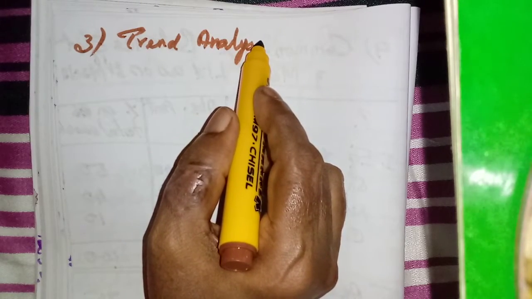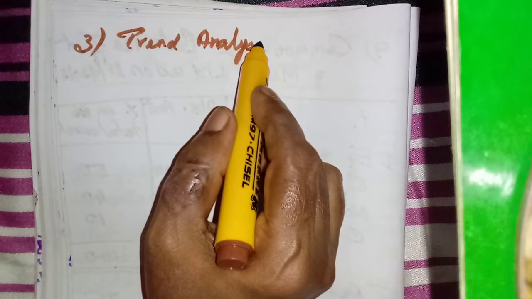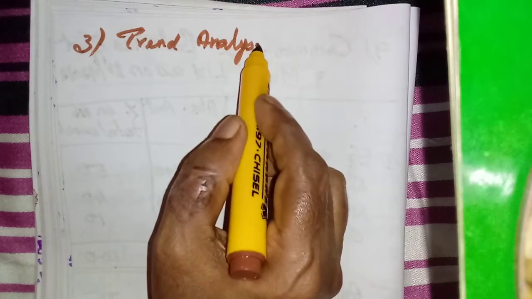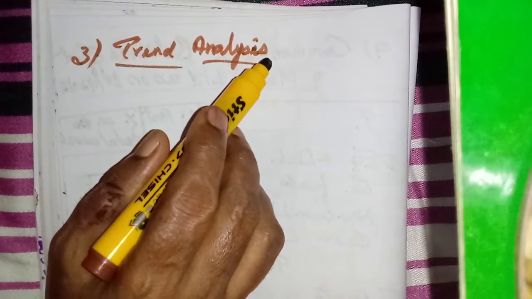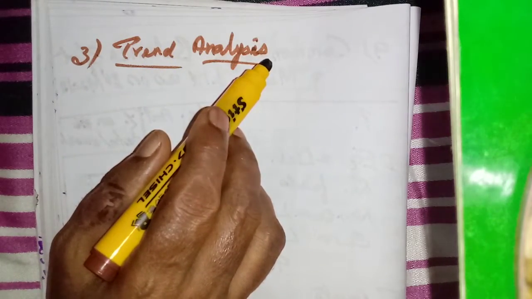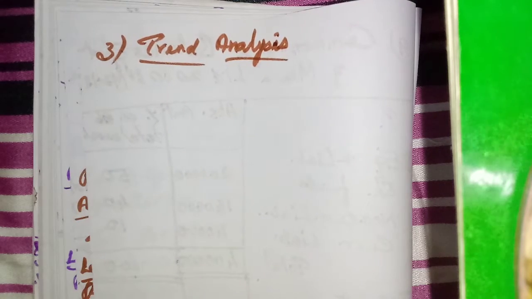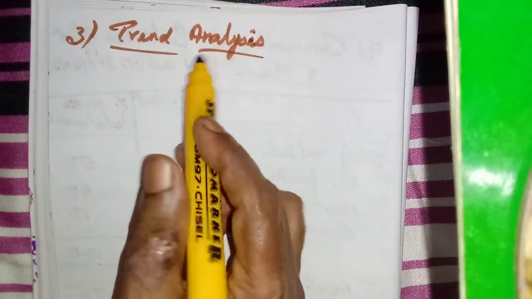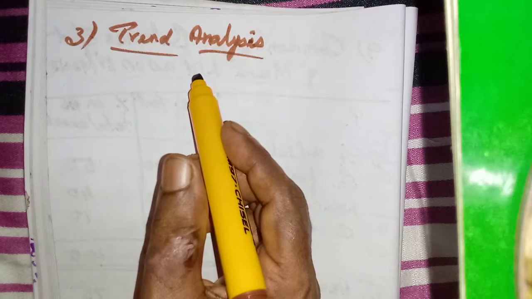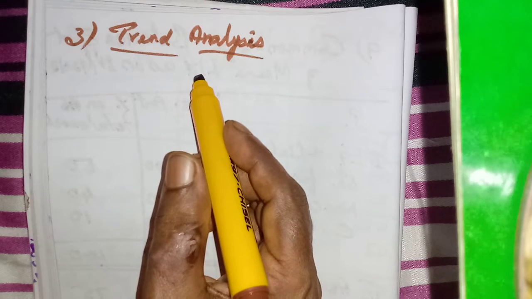Okay, the trend analysis. So what is this trend? Here we will calculate the trend, whether it is an increasing trend or decreasing trend, isn't it? That means how the movement is. We used to say this is the current trend.